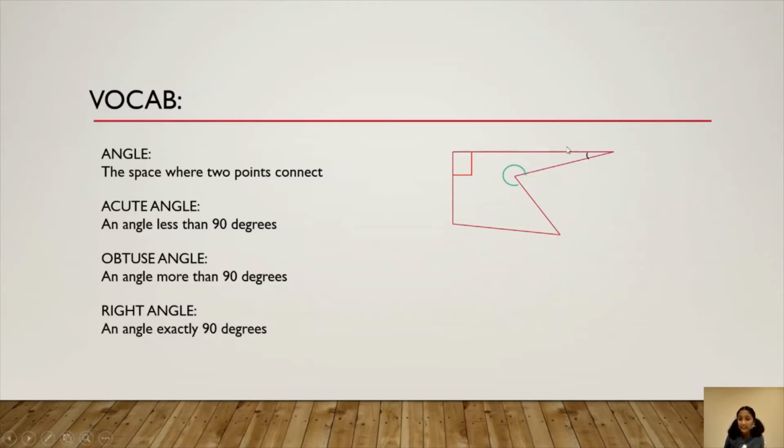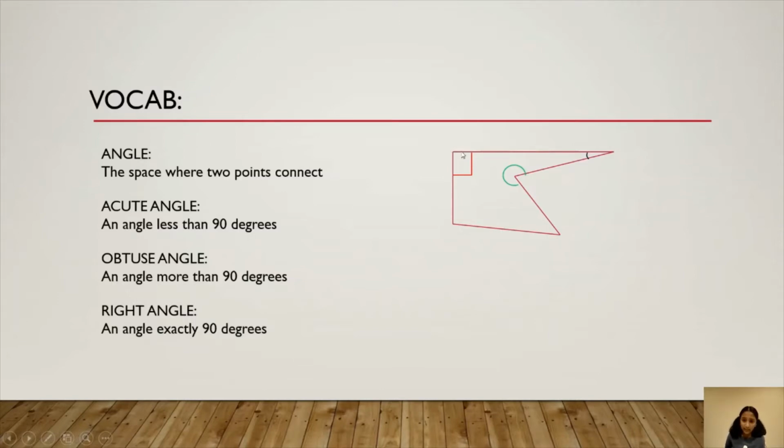See? This is a line segment, in other words, a side, but it's better to call it a line segment because that is its vocabulary. So this line segment and this line segment connect.